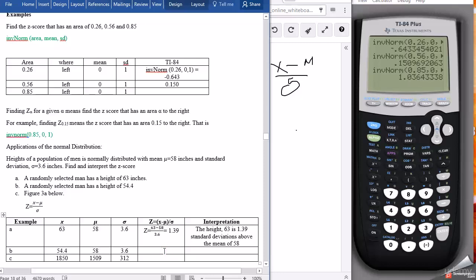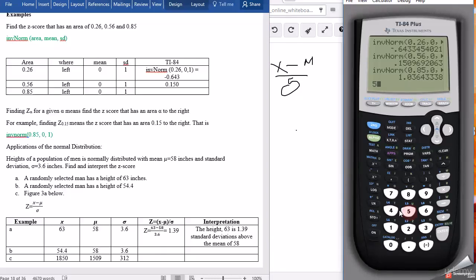Now for the second one, B, there's a height of 54.4. We're going to do this right here. 54.4 minus 58, enter, divided by 3.6. So we have a negative 1.